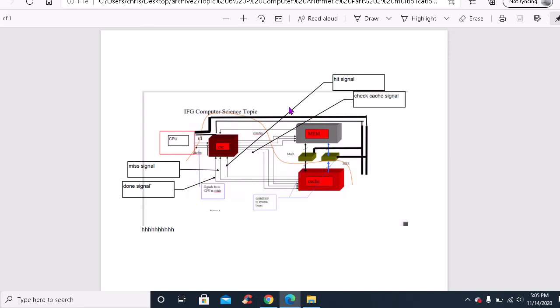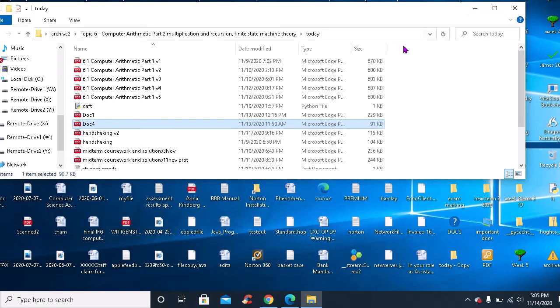Okay, so I think I'll end it all there. Oh no! One other thing, just for completeness' sake, I want to show you this document.